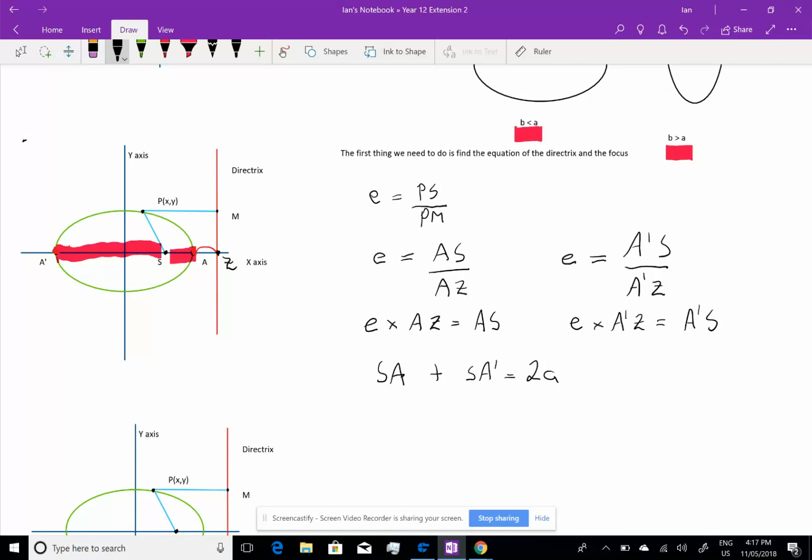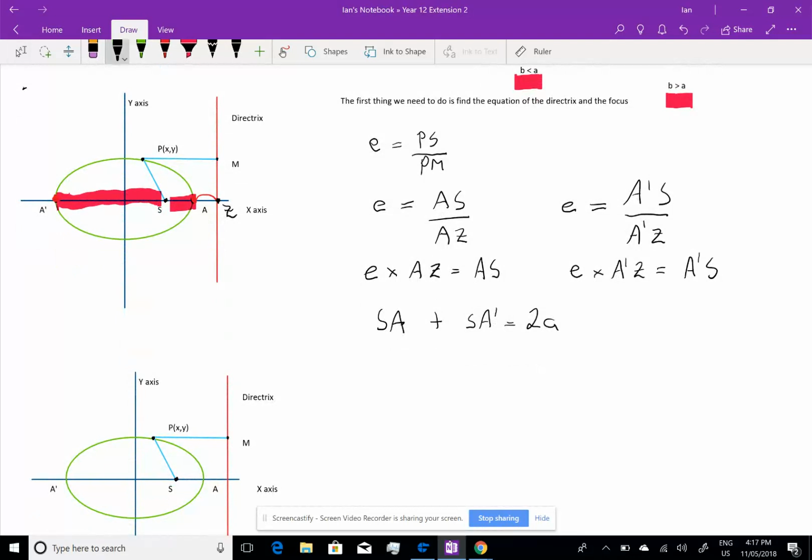And also, let's have a look at SA dash minus SA. Well, SA dash minus SA, how can we get something from that? Oh, look up here. There's SA and there's SA dash.